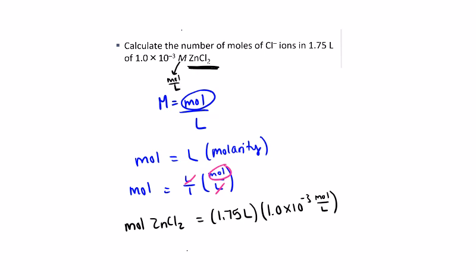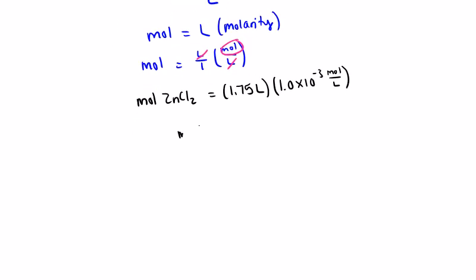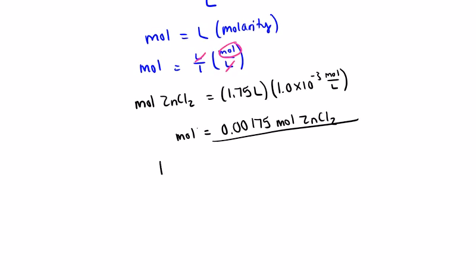So 1.75 times 1 times 10 to the negative third is going to give us moles equals 0.00175 moles of ZnCl2.